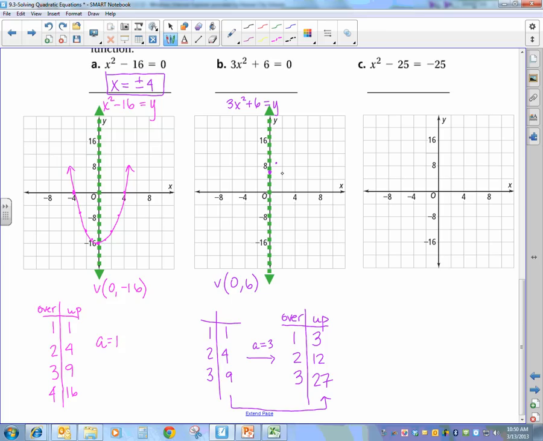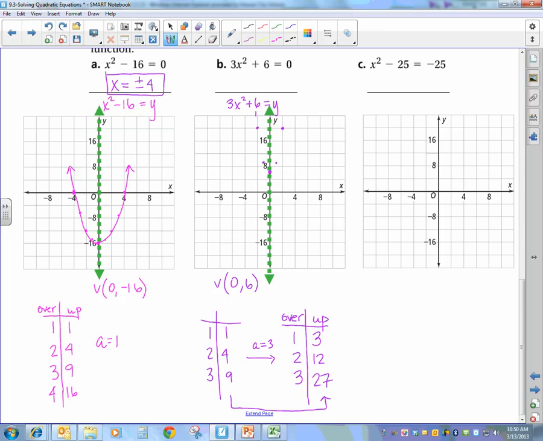If I go over 2, I go up 12. So I'm at 6. Up to 12 is going to be here. And if I go over 3, I'm way off my graph, so I'm not going to graph that point. From this point, count back. 1 tick mark, 1 on the other side. Half of a tick mark, half on the other side.